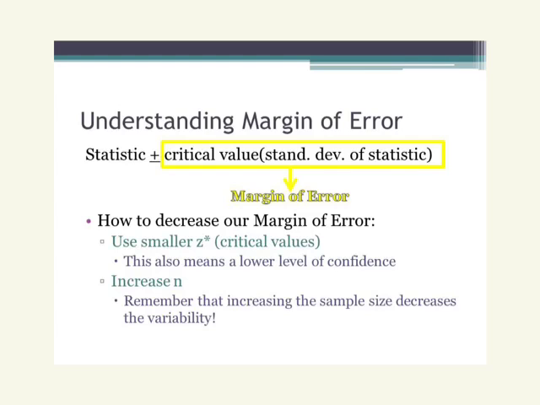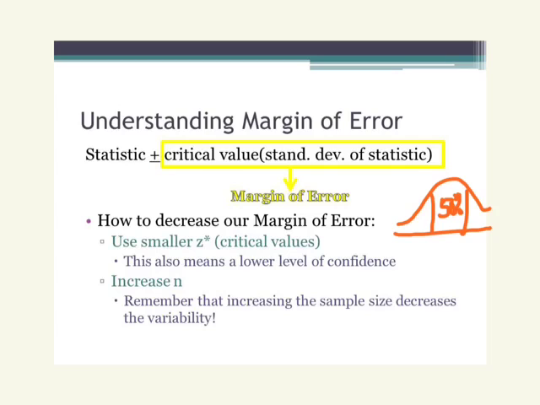If we think of a normal distribution, and I created a 50% confidence interval, well, if we say we're 50% confident, that really means it's like flipping a coin: either your estimate is right or not. But what we want is an estimate that's more likely to be right. We want higher confidence. Now, the other thing that we have control over, again, is the standard deviation of the statistic.